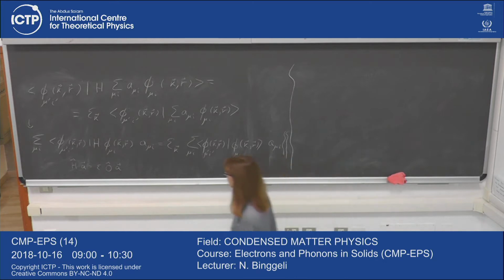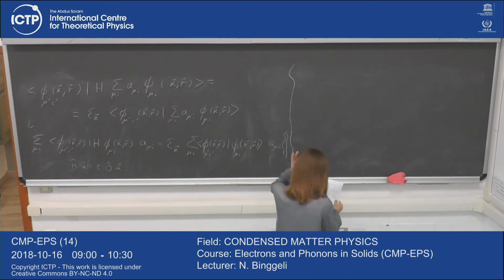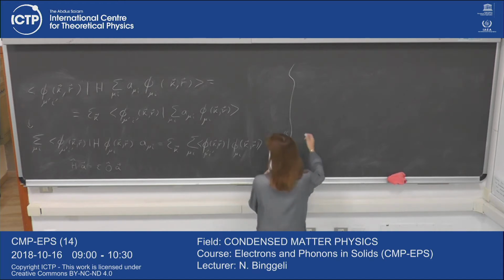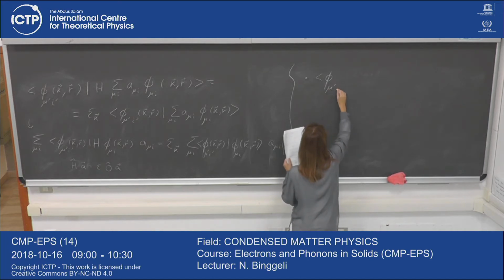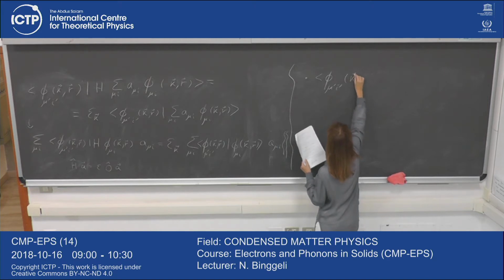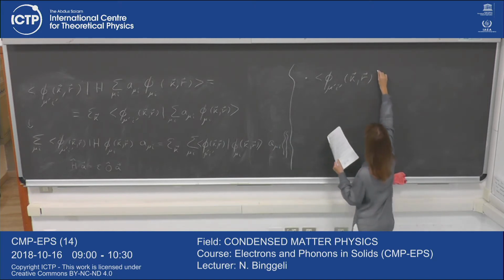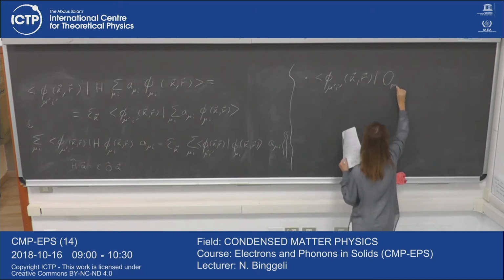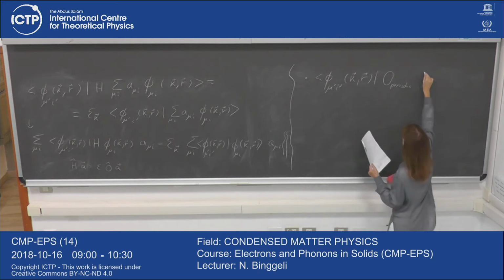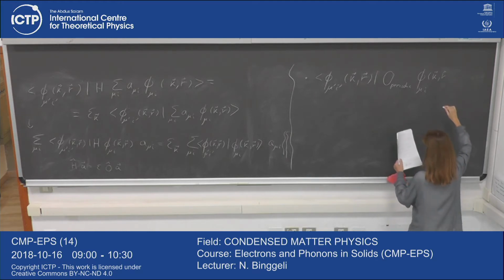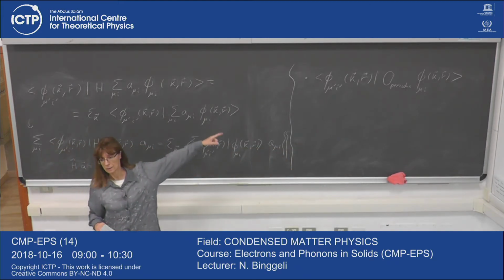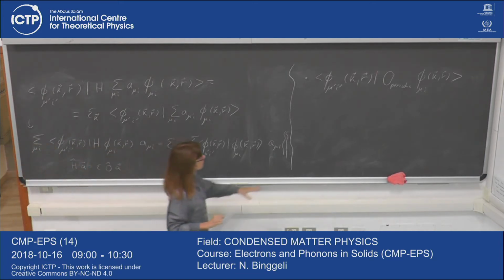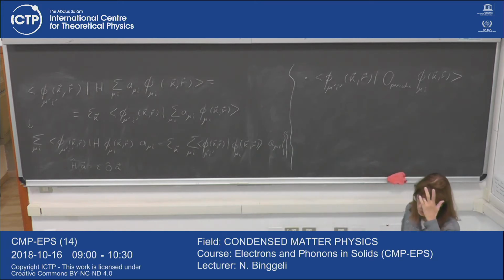So on both sides I have matrix elements to calculate which are of the type: the tight binding basis function mu prime I prime k r, an operator which is periodic, and a basis function mu I. The operator is periodic, that is, it has the periodicity of the Bravais lattice.